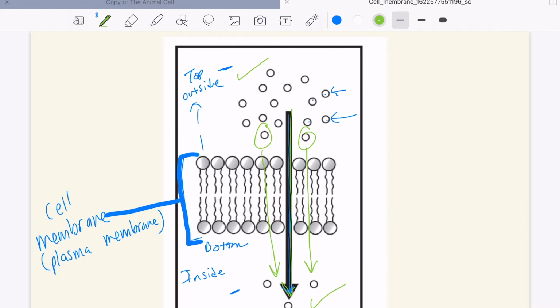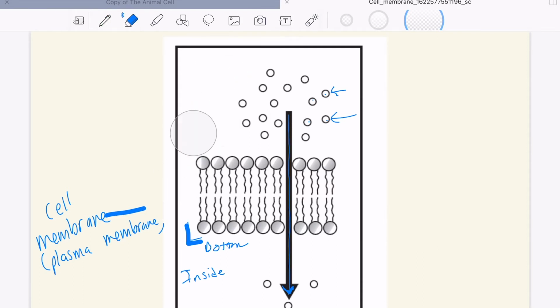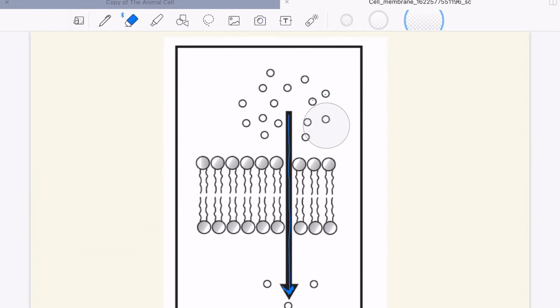Now, we said diffusion is the movement of molecules across the cell membrane from areas of high concentration to low concentration. You can see very clearly that there are a lot more molecules here outside of the cell than there are inside of the cell.